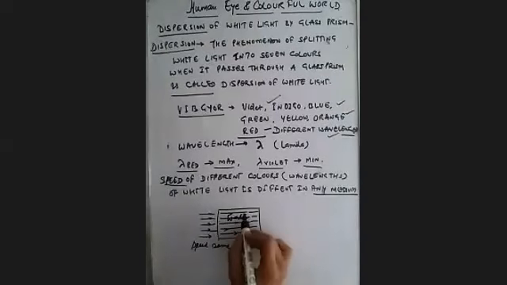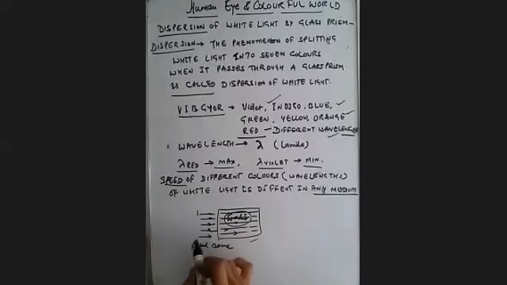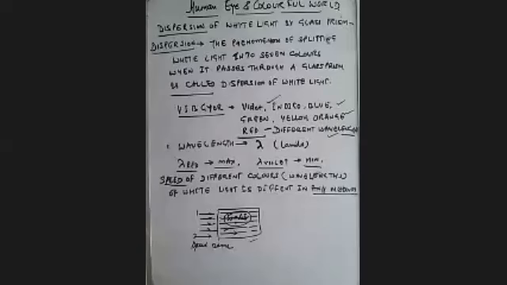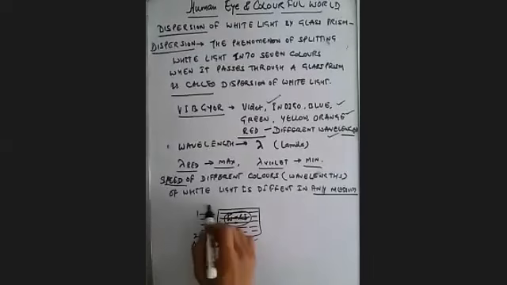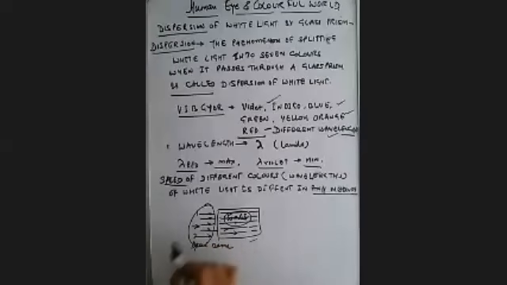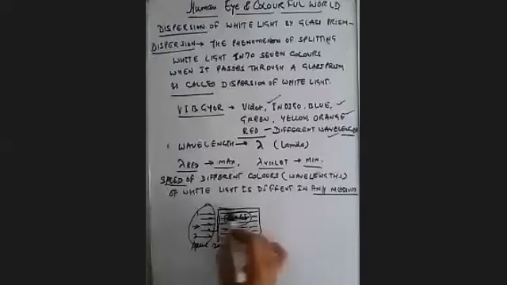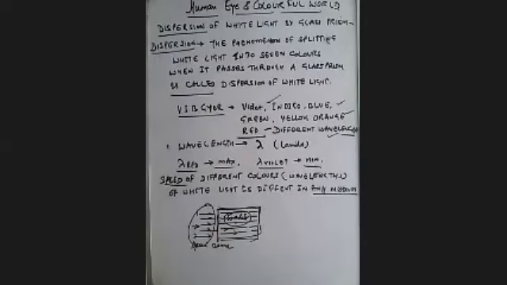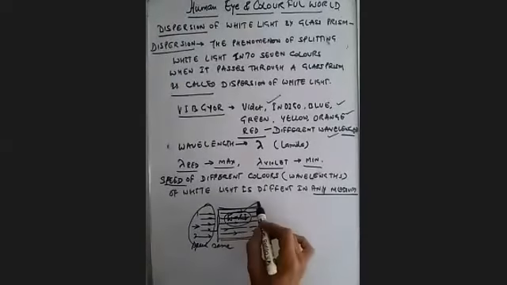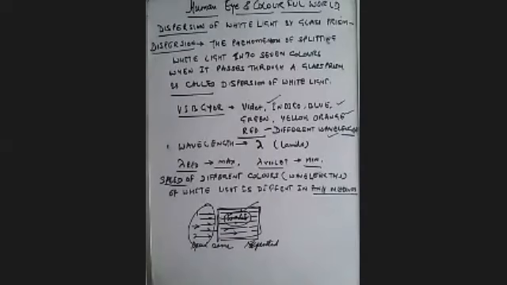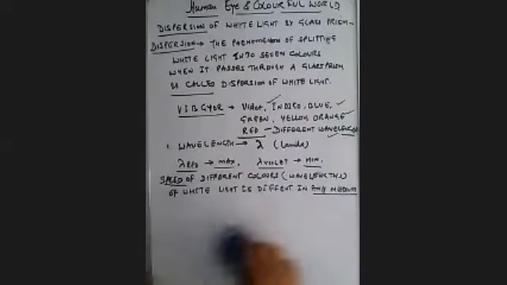Because of the medium water, friend one may have high speed and friend two may have low speed, and so on. So white light is made up of 7 different colors. They are traveling together, but as soon as a medium, glass or water, comes in between, then because their speeds in this medium are different, they get separated. Okay, so that is the phenomenon of splitting of white light into 7 colors.